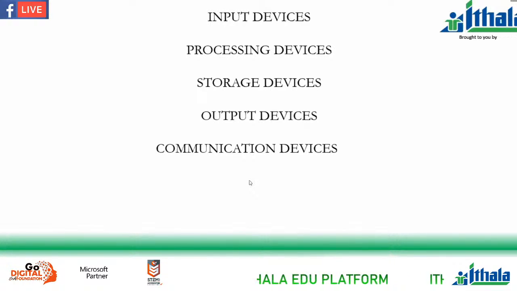We're going to be looking at those devices as well. Once the information has been processed, it has to be stored in your computer. Then it has to go out of the computer, hence we need our output devices. Then we need to communicate, so we have our communication devices.